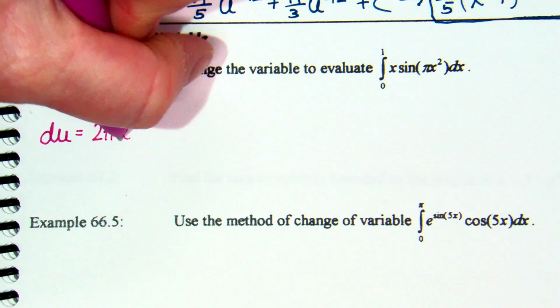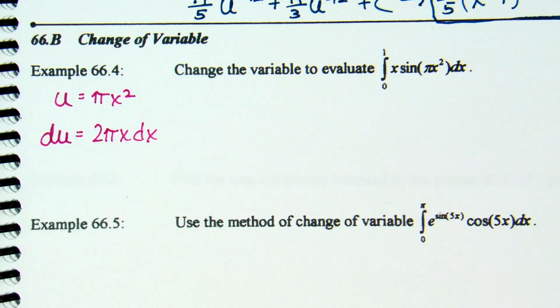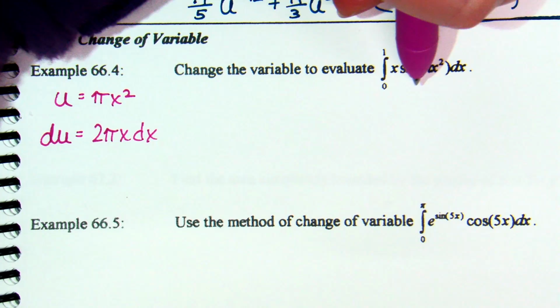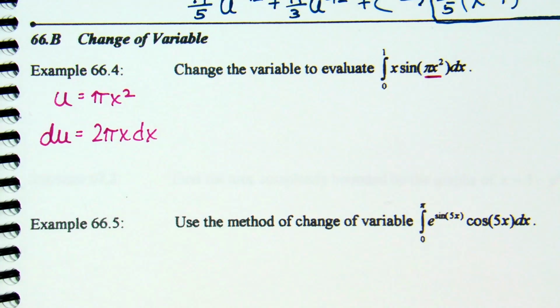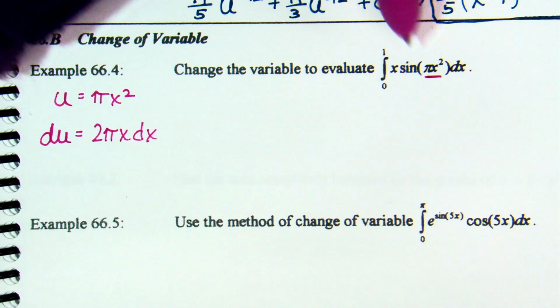2 pi x dx. Okay, so let's start looking around over here. Pi x squared is going to be my u, yes? We're also going to have x and dx.